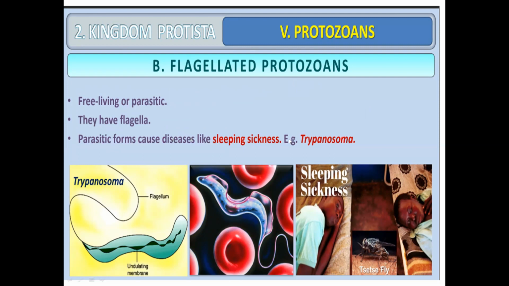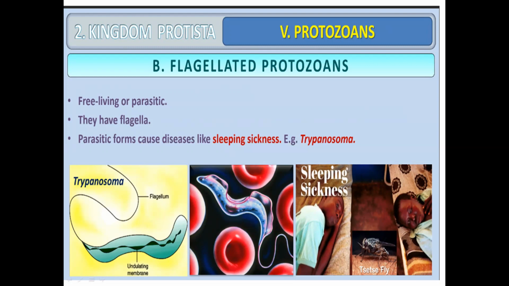Example, Trypanosoma. This parasitic form causes disease like sleeping sickness. Example, Trypanosoma. So they will have flagella.